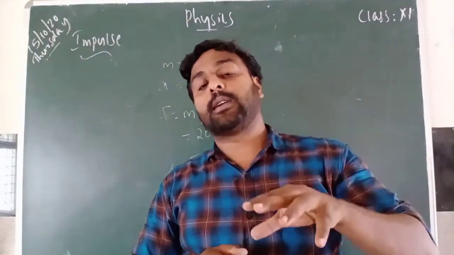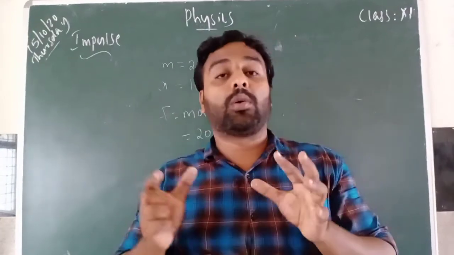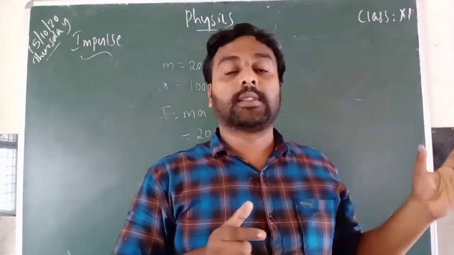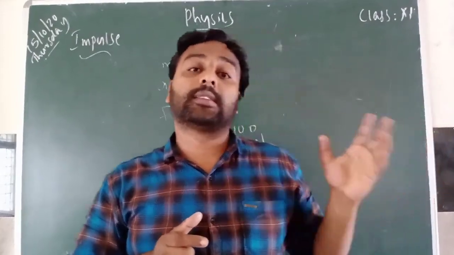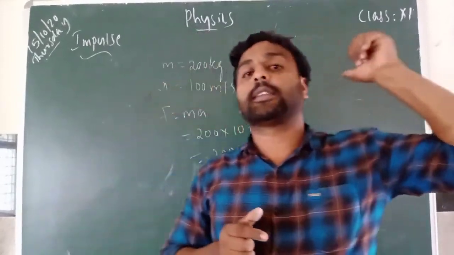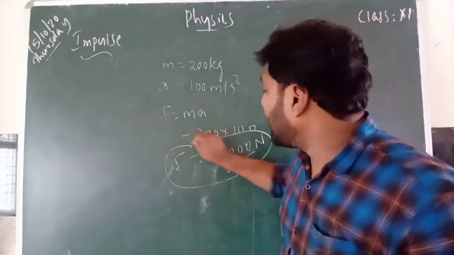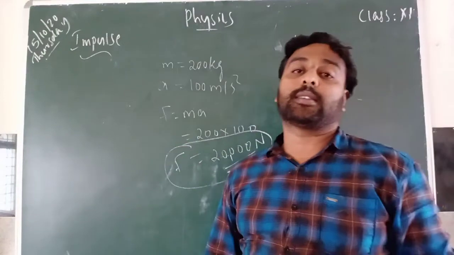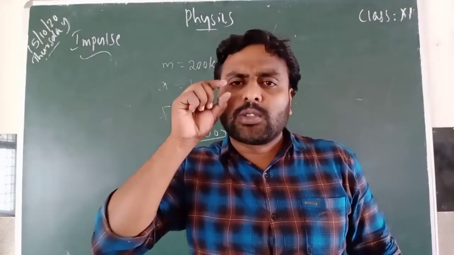This is the reason why, when a small motorbike hits these big vehicles, the big vehicle gets damaged. This much large force we call impulsive force. Accidents happen within a very short time.